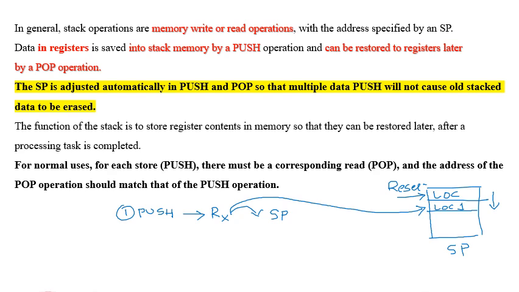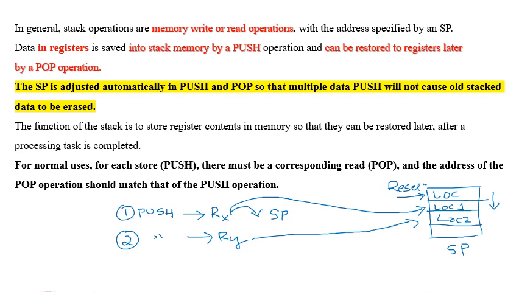If you use another push operation on a different register, this value should not be stored here, so it will look into another location too.